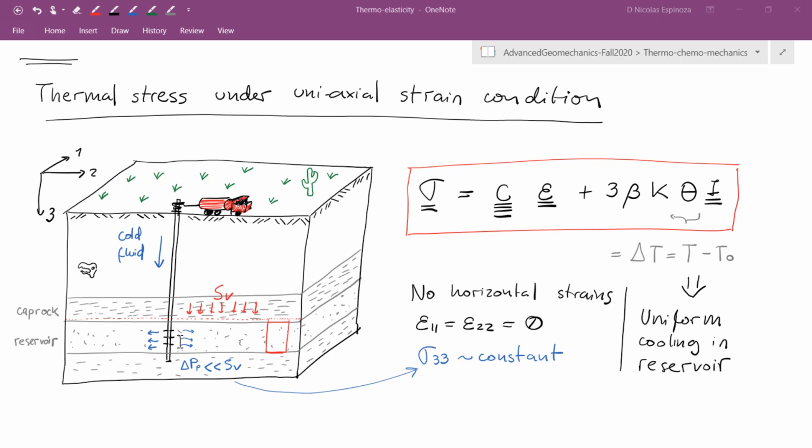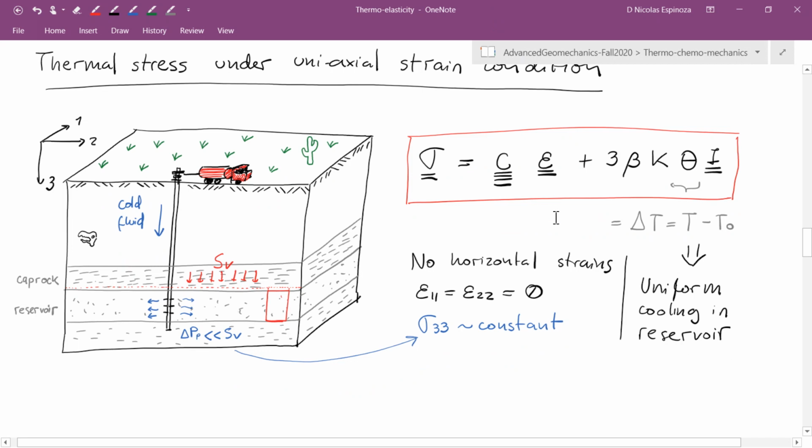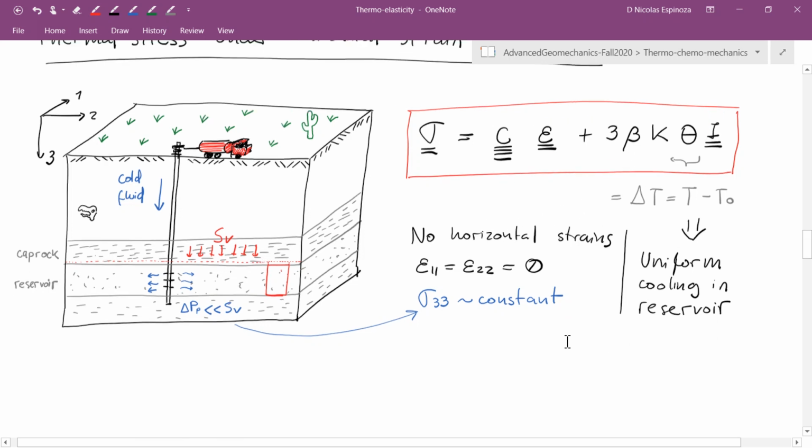As we said before, this reservoir is very permeable and we're assuming a long-term injection, so the change of temperature occurs everywhere in this formation. All right, so let's go ahead and work on this equation in order to find what is going to be the expected change of stress due to the change of temperature.